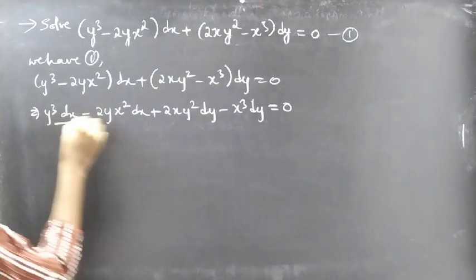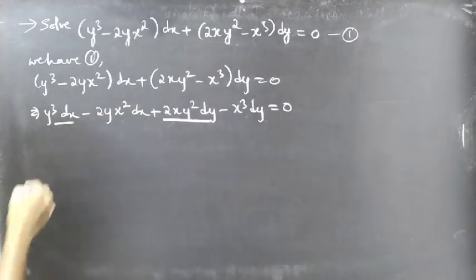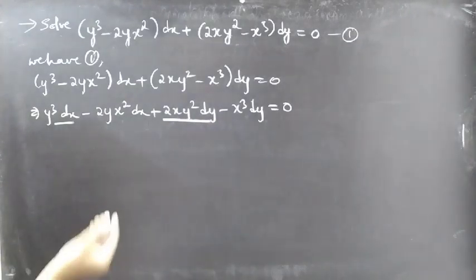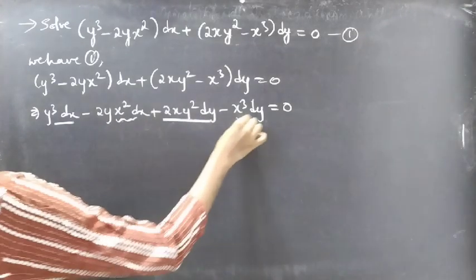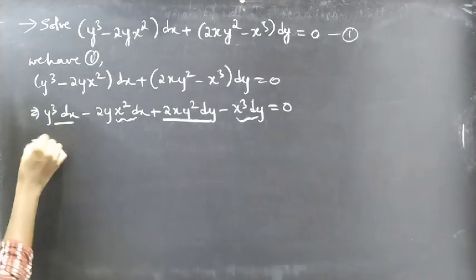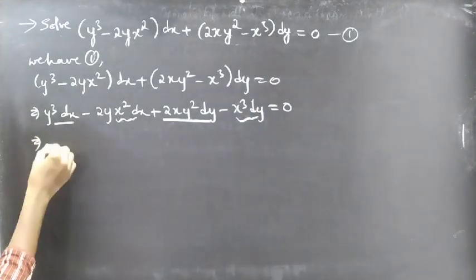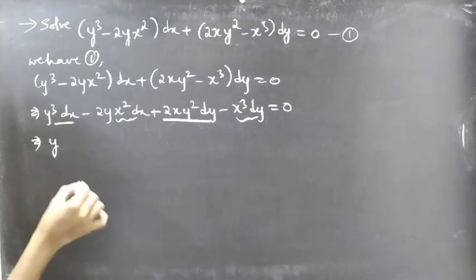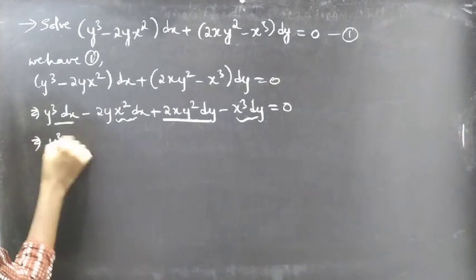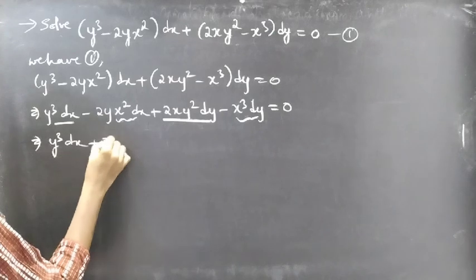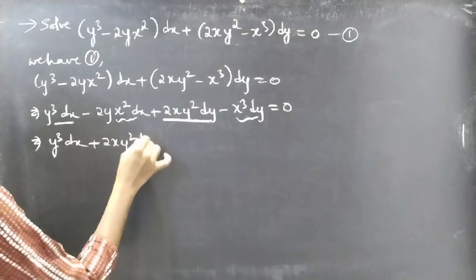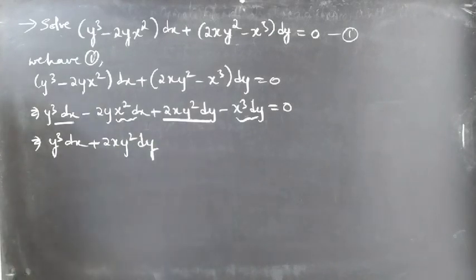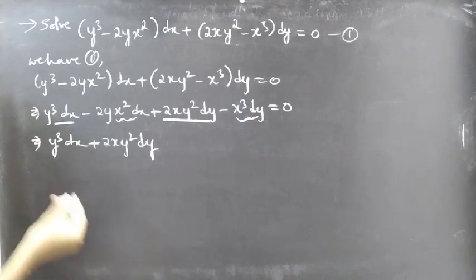Let's write these two terms involving y cube and y square together, and these two terms last. Firstly we'll write the terms involving y cube and y square. We'll get y cube dx plus 2xy square dy. Now write the terms involving x cube and x square.